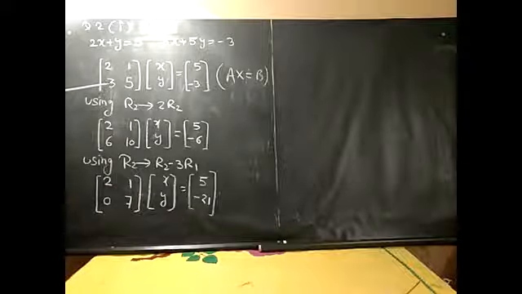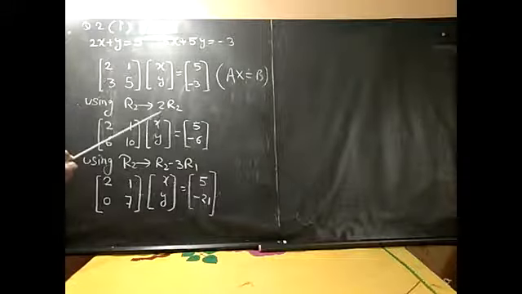How to make it 0? See, to make this 3 0, I need 3. Means in case somehow I can get 3 over here, then 3 minus 3 I can write 0. But it is not so simple. What I will do now? I will multiply R2 by 2.